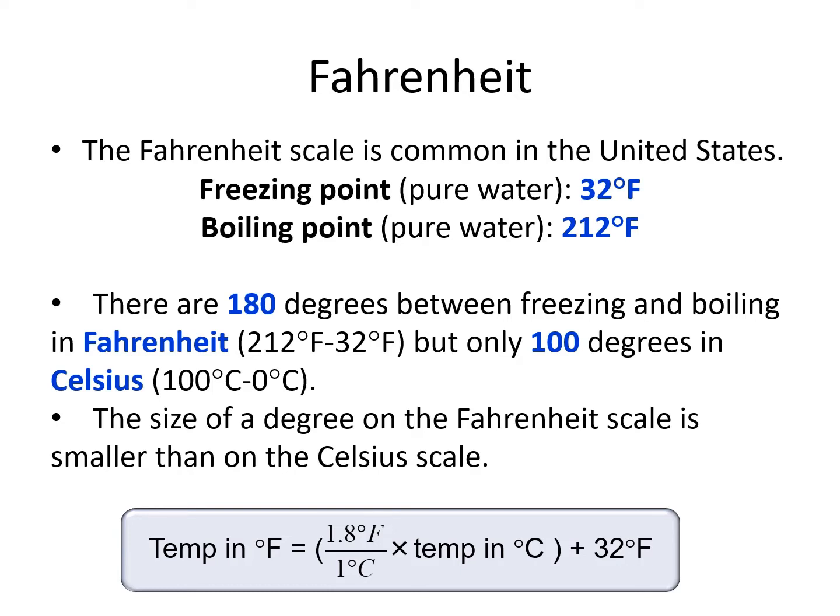The conversion between Celsius and Fahrenheit also has to account for the different starting positions of the scales. The freezing point of water on the Fahrenheit scale is 32, but the freezing point of water on the Celsius scale is 0. It accounts for this difference in starting values with the plus 32 degrees Fahrenheit at the end of the formula.